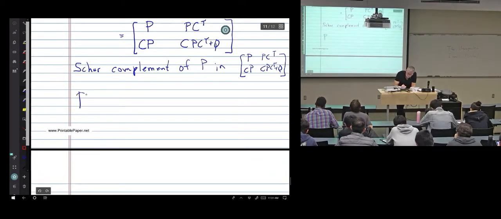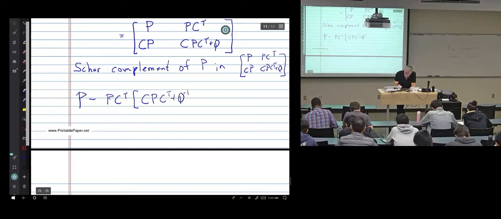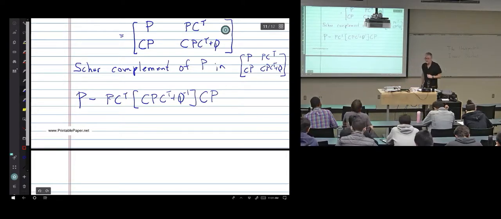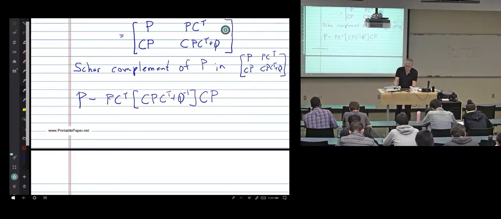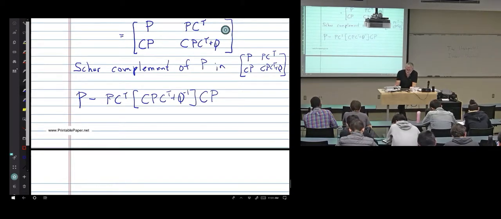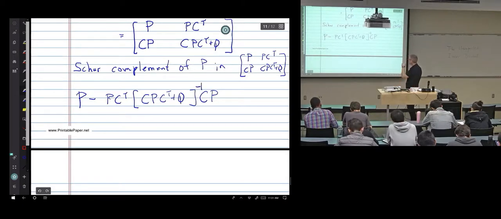So we get P minus PC transpose, the whole thing inverted? Oh, yeah, sorry. That's the Schur complement of P in that covariance matrix.